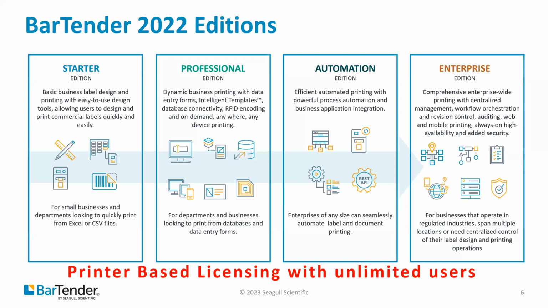So Starter will give us that tool, will let us tie us to Excel and flat files. Professional expands on that, where you're able to connect to any database. We're database agnostic. Here in the professional level, you have RFID, you have data entry forms. At the automation level now, you have REST API. You have integration builder that allows you to automate the label that you created.